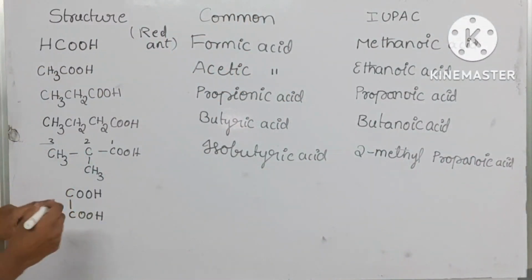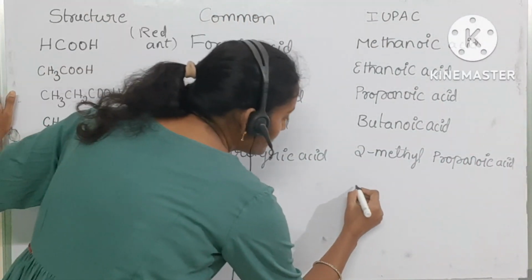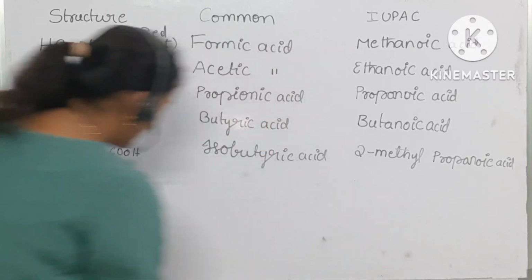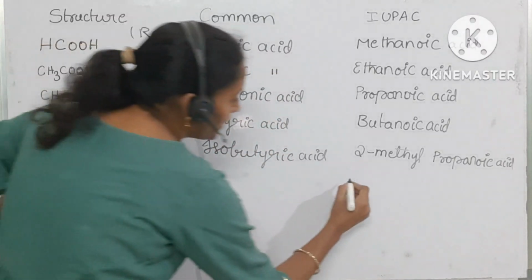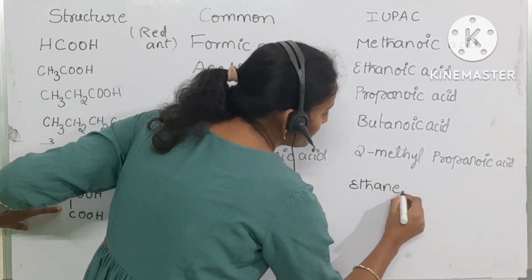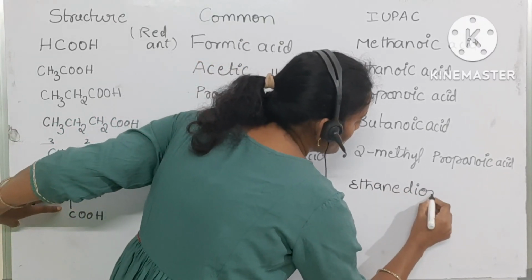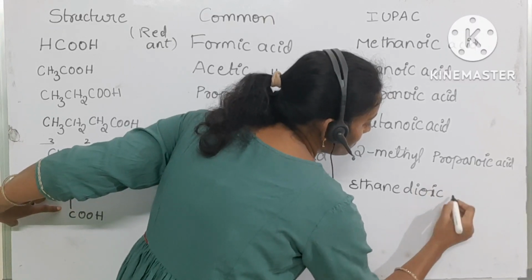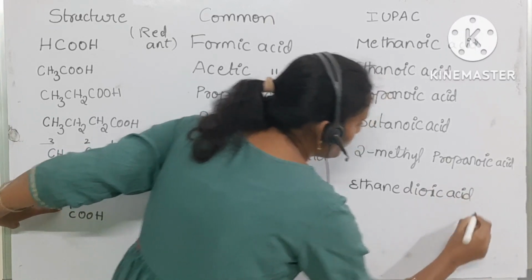So here, the IUPAC name you can write first. Here 2 carbon atoms are there, that means ethane dioic acid. This is the ethane dioic acid.